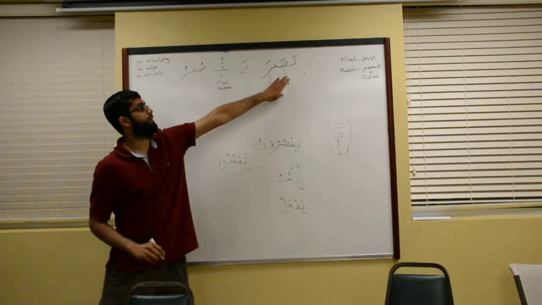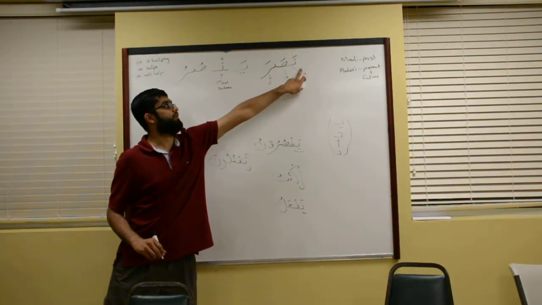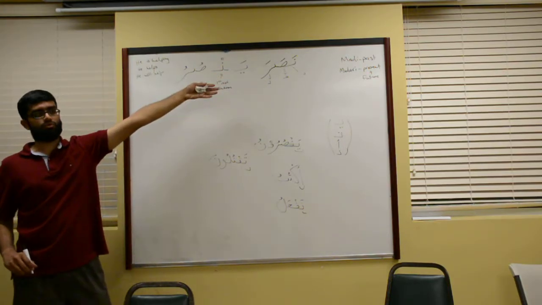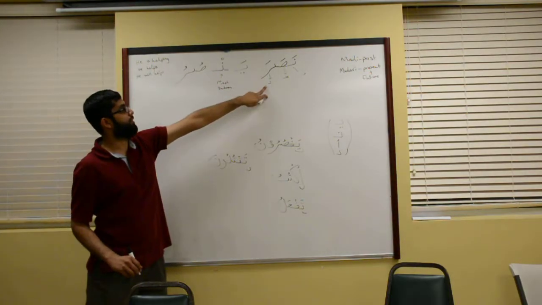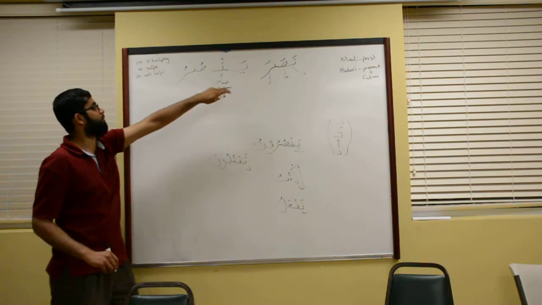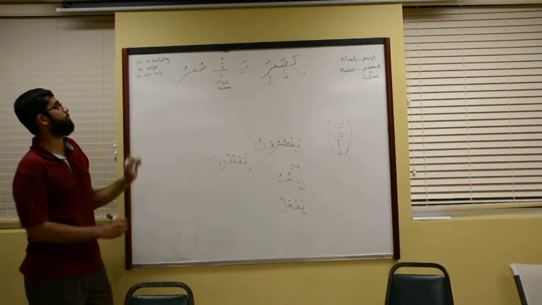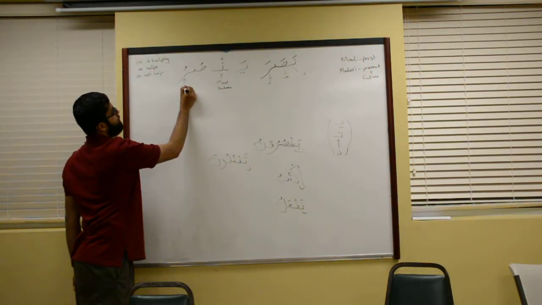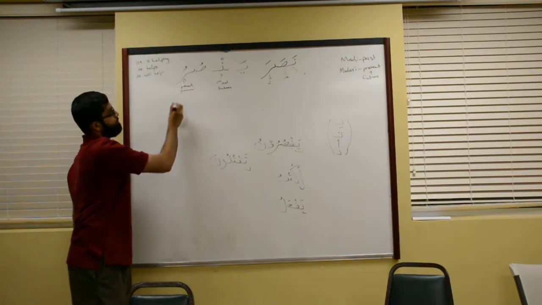So nasara has a fatha on the first root in the past tense. In the mudari, it gets a sukoon. What about the third root? In past tense, what does it have? Fatha. What does it get in present? Dhamma. So the third root has a dhamma.